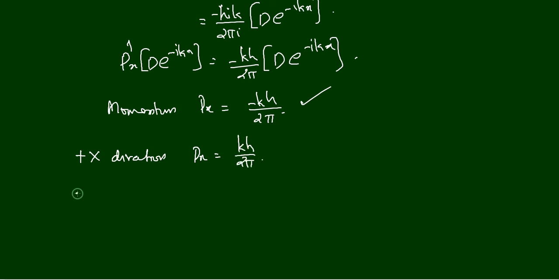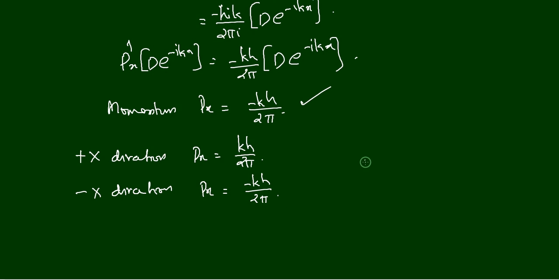And when the particle is moving in the minus x direction, then the momentum will be minus kh divided by 2 pi. So the average momentum of this particle will be kh divided by 2 pi plus minus kh divided by 2 pi, divided by 2, that is equal to 0. Practically, the average momentum will be 0.